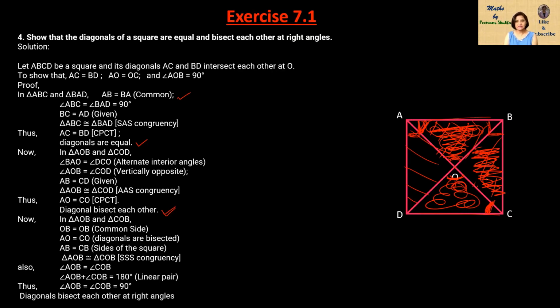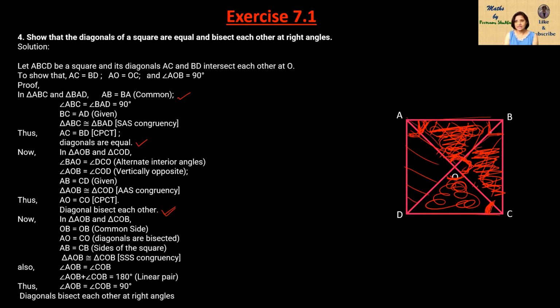So by the SSS congruency rule, we can say that triangle AOB and triangle BOC are congruent. So we can say that angle AOB and angle COB are equal, this and this.